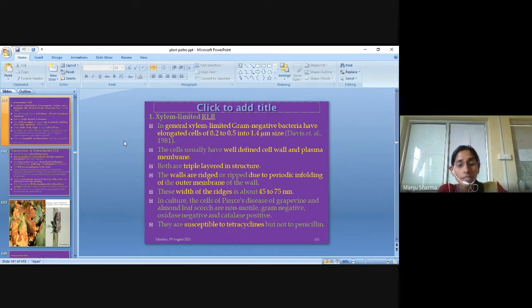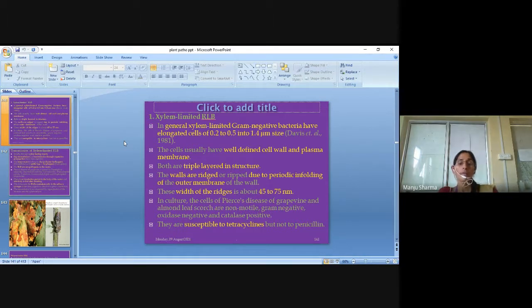In culture, the cells of Pierce's disease of grapevine and almond leaf scorch are non-motile, gram negative, oxidase negative, and catalase positive. They are susceptible to tetracycline but not to penicillin.